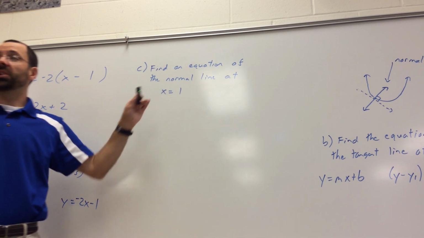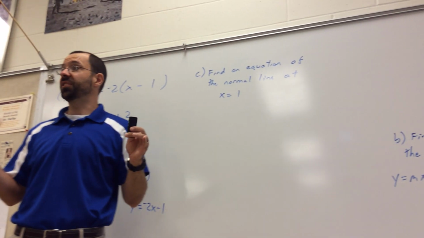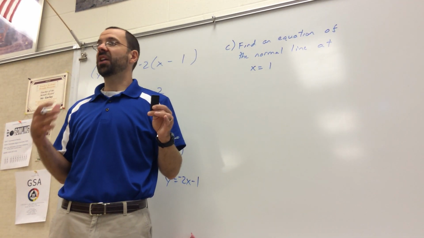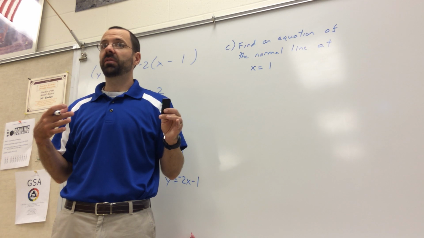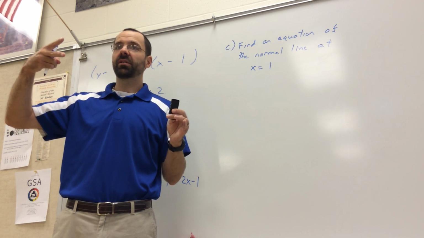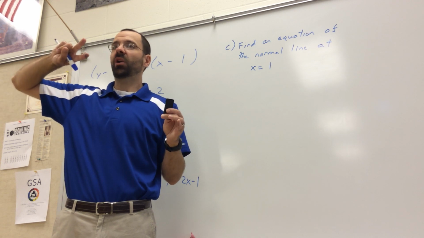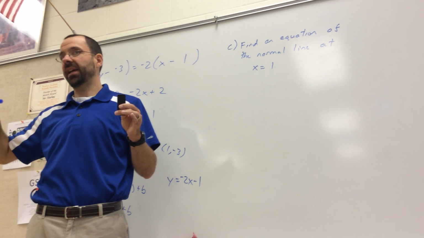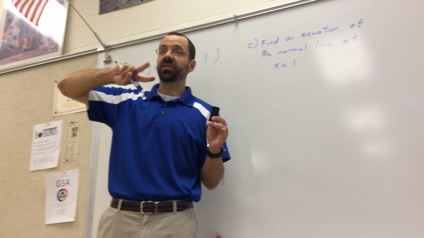For the tangent line, the slope was -2, right? If it's going to be perpendicular, it has to have the opposite reciprocal slope. So -2 is -2/1. If I flip that, it flips to 1/2, right? And then it's got to be opposite. So since -2 was negative, the other one has to be positive.